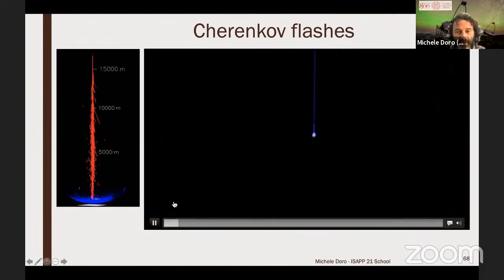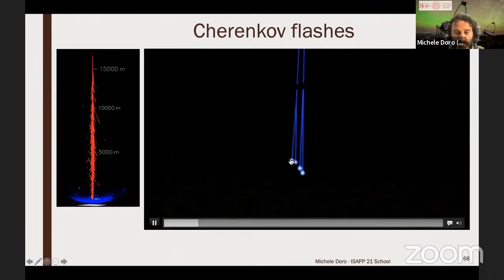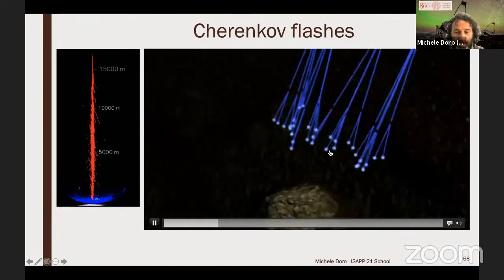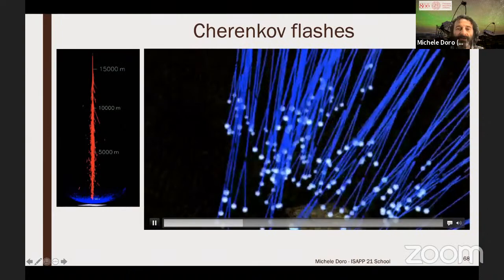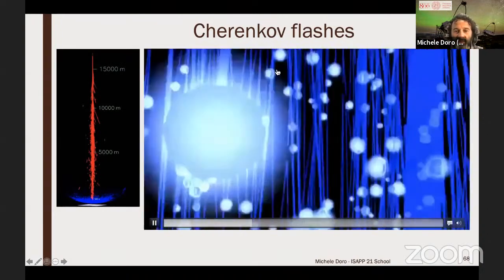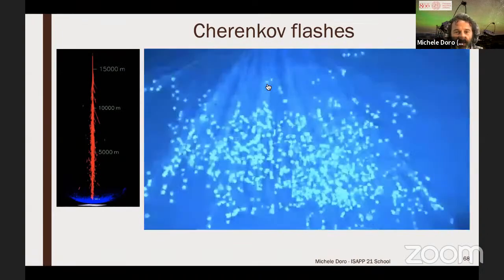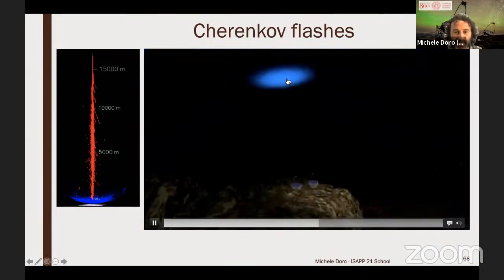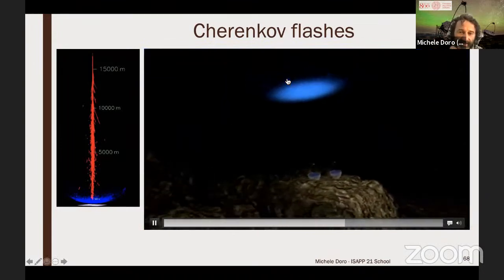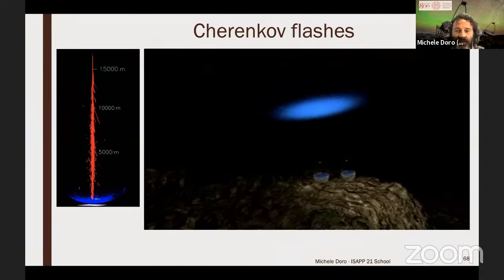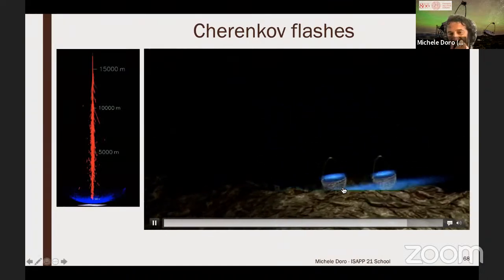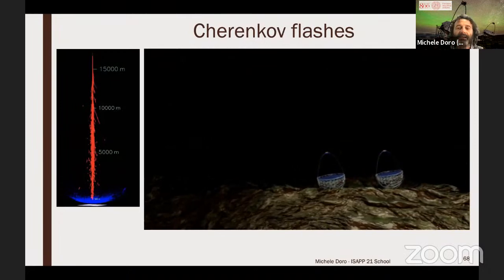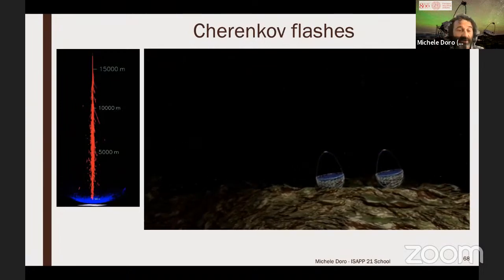If we look at this video, you have the first pair, now more pairs of electrons. Each one will produce Cherenkov light. So while the shower dies here, this Cherenkov light can travel very far away at night. And if you have a detector that can measure this light, you have your detection of gamma rays.